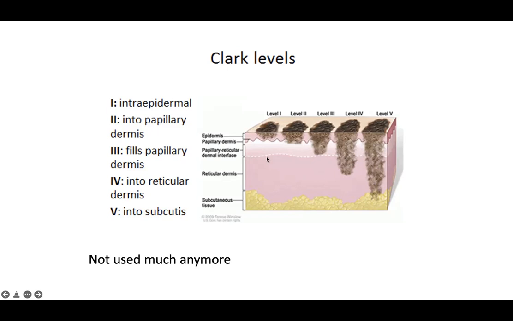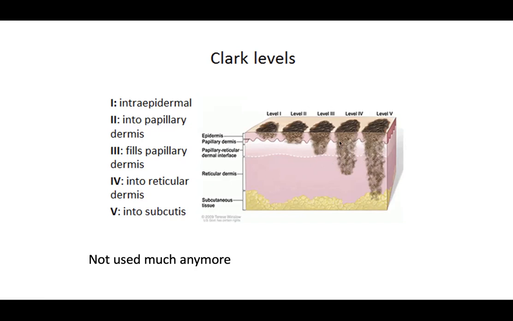There is a little bit of discrepancy among dermatopathologists on calling it 3 or 4, because it's a little bit subjective when you're looking at the interface between the papillary and the reticular dermis. If you find any cells at all in the reticular dermis, that's going to be a Clark level 4.